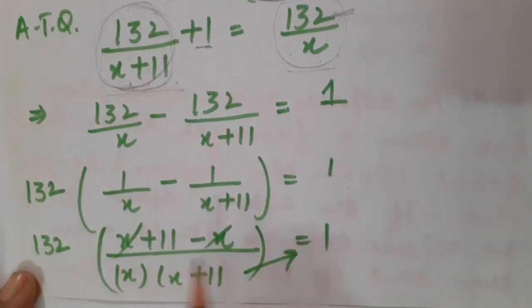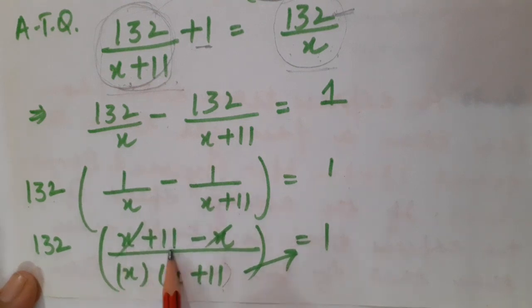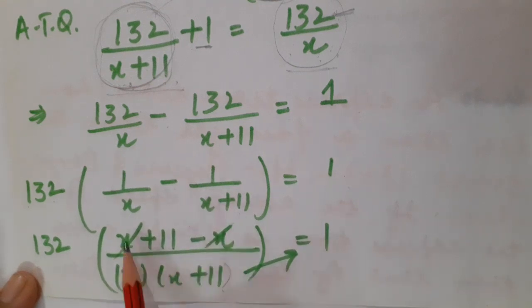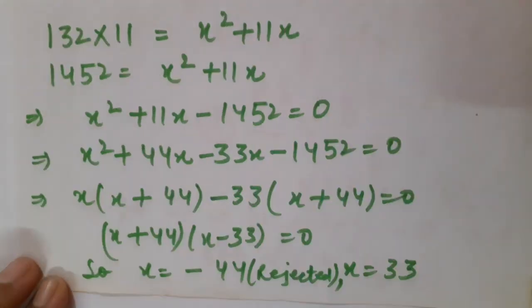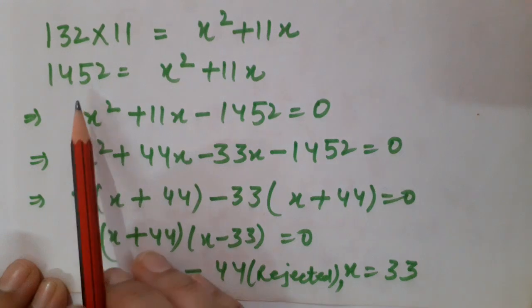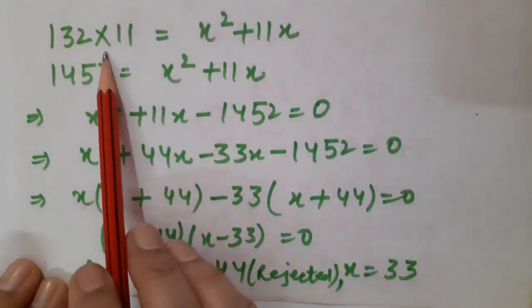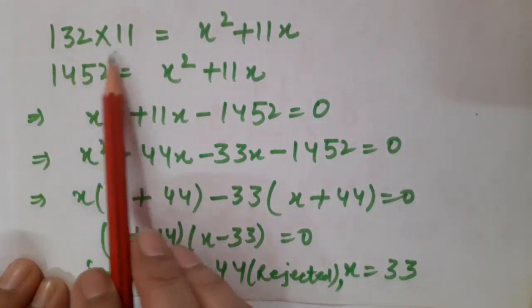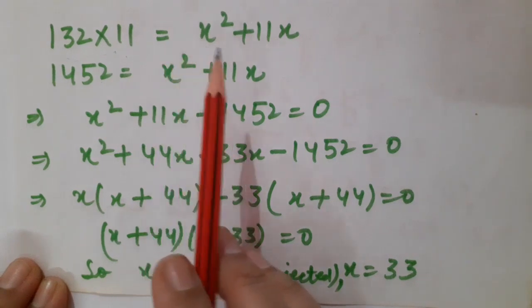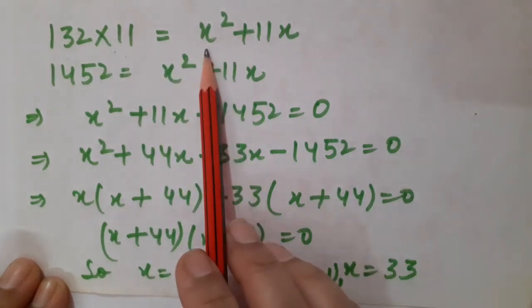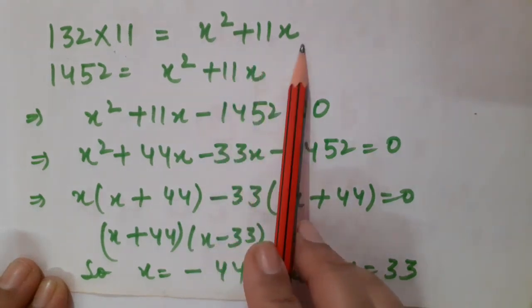Taking LCM, x into x plus 11 will be the LCM. So here x plus 11 minus x, x and x are going to be cancelled, is equal to 1. Now children, after simplifying, I have got 132 into 11. This will be written on left hand side, is equal to, while cross multiplying x into x plus 11 by 1, I have got x square plus 11x.